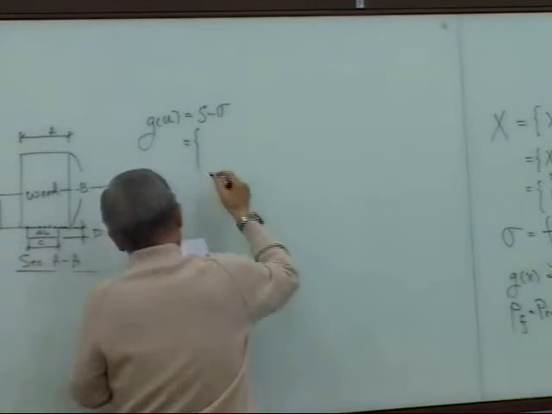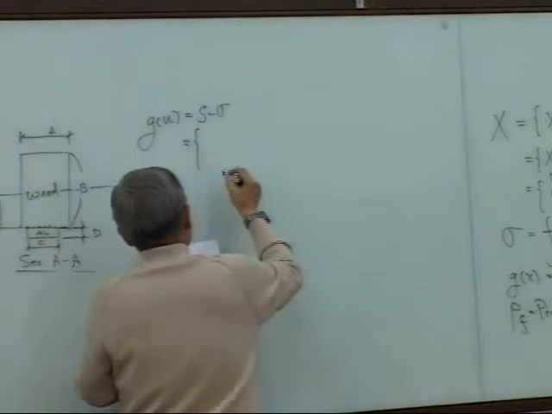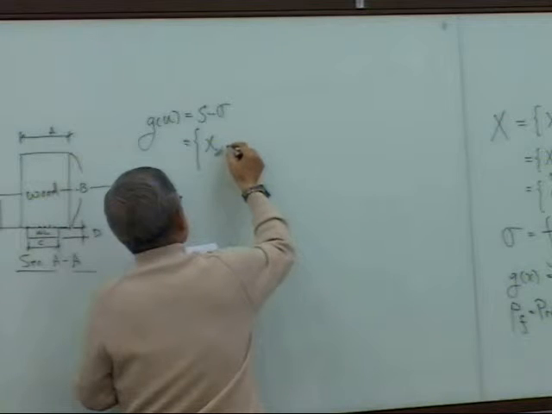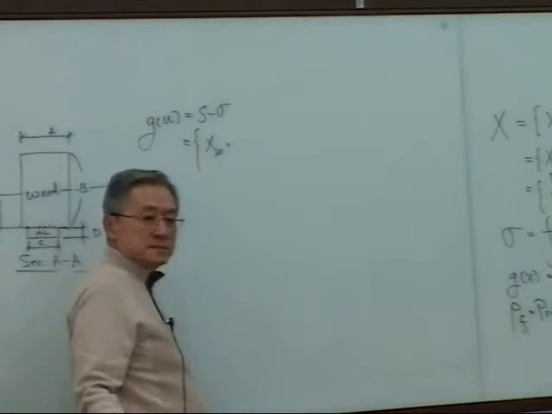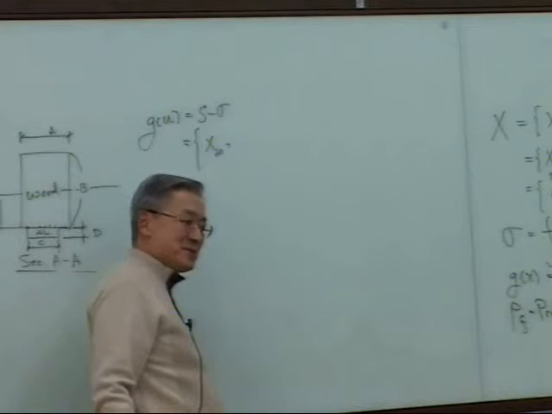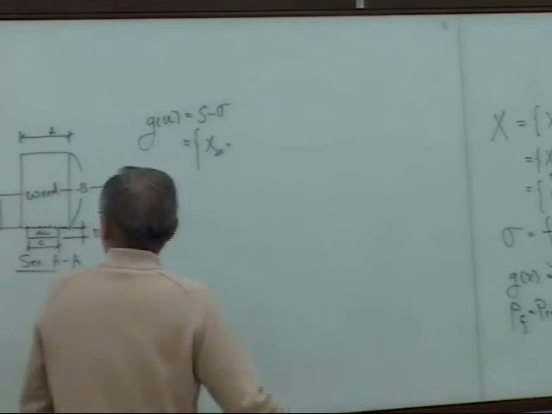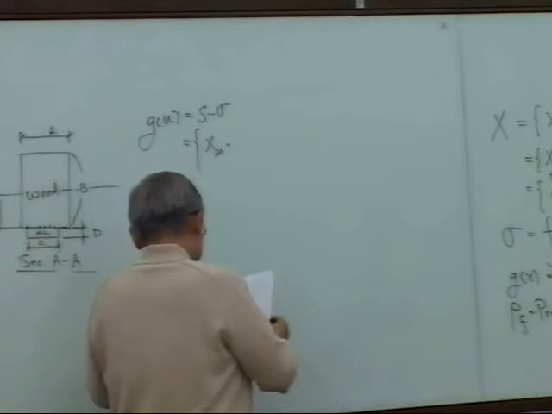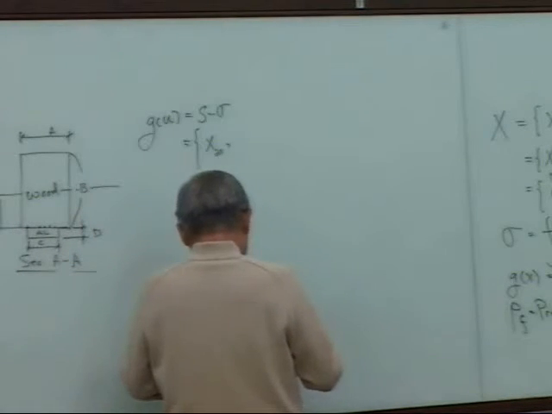I can write this saying that S is x20, right? Watch carefully, it's not magic. S20 is the last random variable, x20.